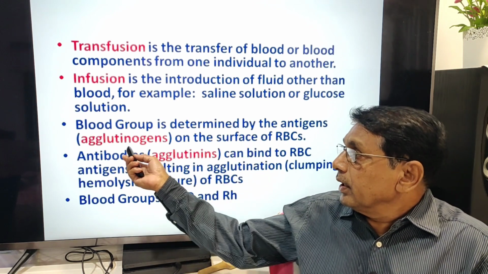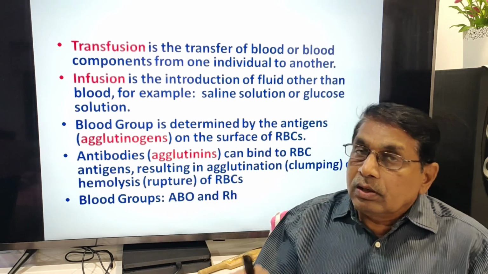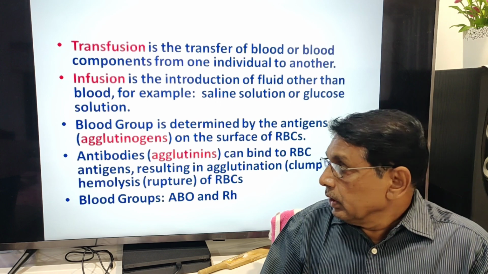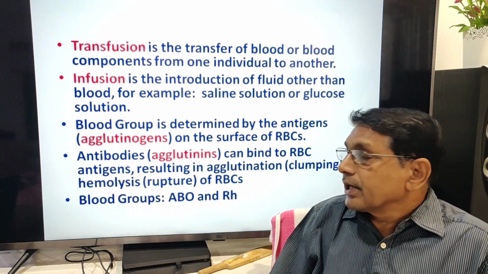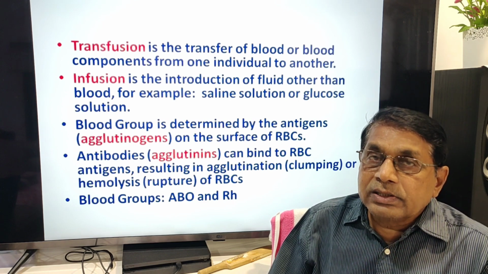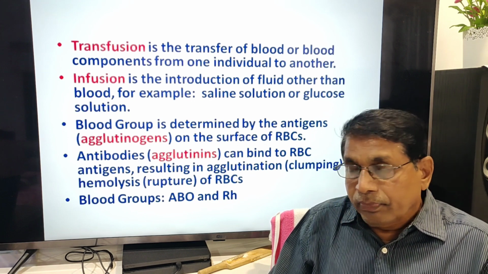That's why they are called agglutinogens, agglutinins. What is agglutination? Clumping of the blood. That will result in hemolysis or rupture of RBC. When the RBC rupture, all the contents of the RBC come out. That is a dangerous situation.